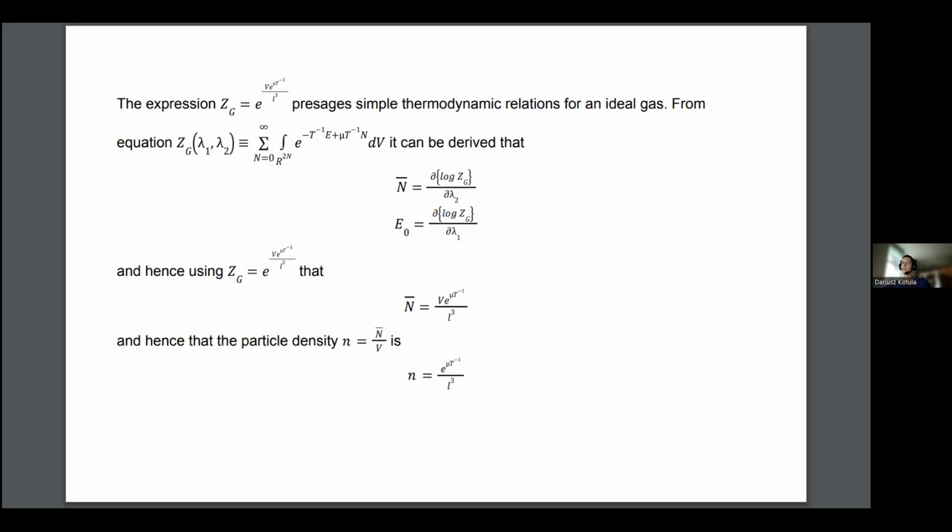And hence the mean N equals V times e to the power of μ over T to the power of minus 1 divided by the length scale L cubed. Since the particle density small n equals the mean N over V, small n equals e to the power of μ over T to the power of minus 1 divided by the length scale L cubed.